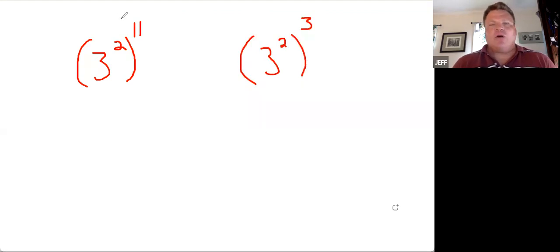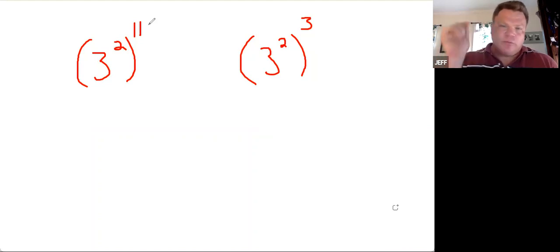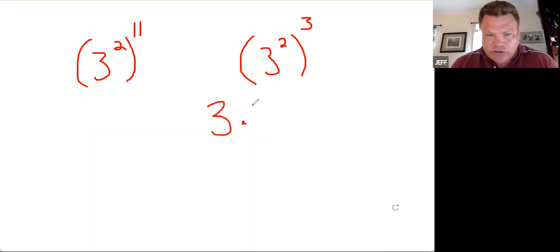So this is power of a power. Dear Aunt Sally says, do what's in the parentheses first. So that is 3 to the 2nd, which is 3 times 3. Then this number comes along and says, cool, whatever you did in that, do 3 more times.